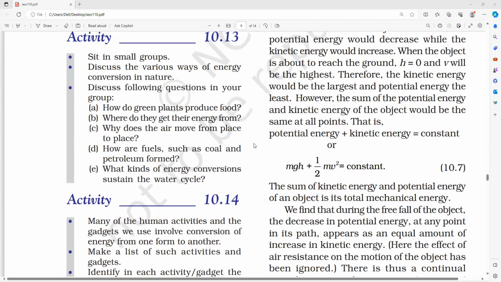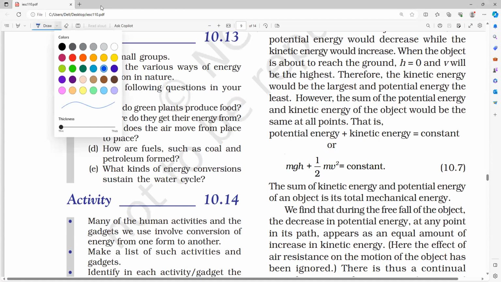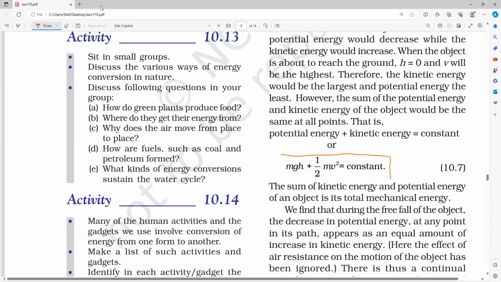We have studied that kinetic energy plus potential energy remains constant. That is what we call mechanical energy. The sum of potential energy plus kinetic energy remains constant.